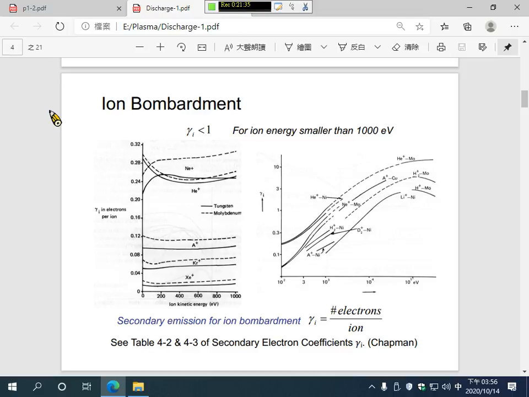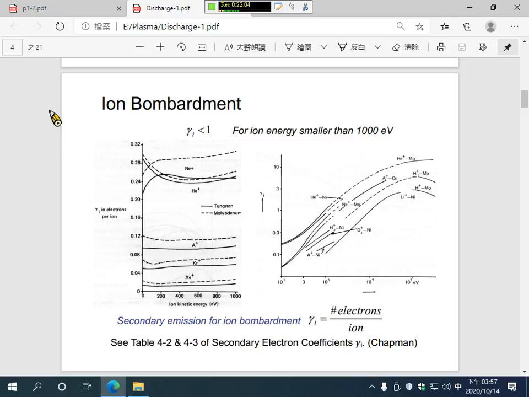So all the potential drop will be located in the cathode region. And when ions travel through the cathode layer, they can gain energy from the potential drop. So you can make ion bombardment with ion energies of a few hundred electron volts easily, okay.